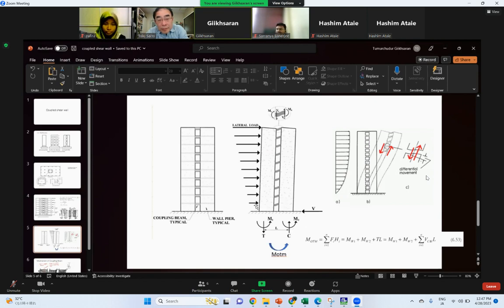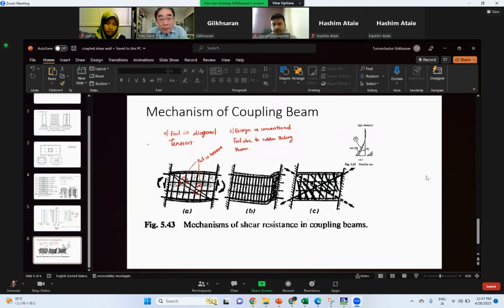When the lateral force is applied to the coupled wall structure, one wall force goes down and the other goes up, as shown in this picture. The second is the mechanism of coupling beams.